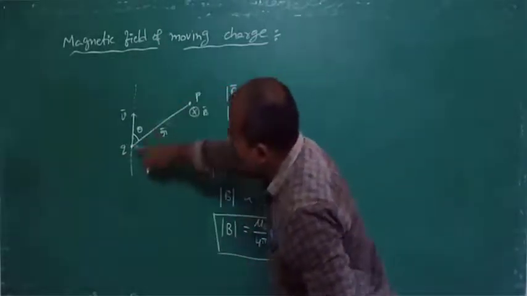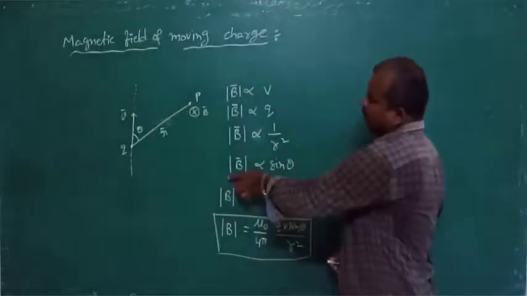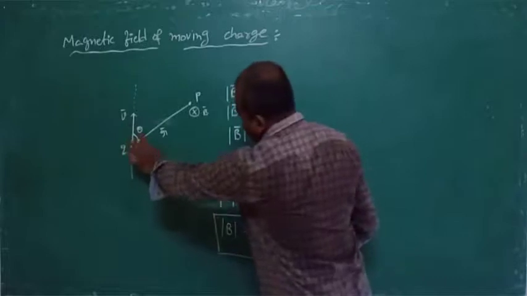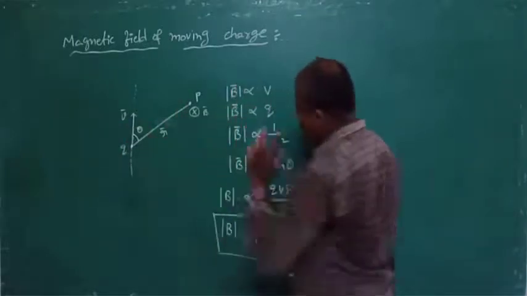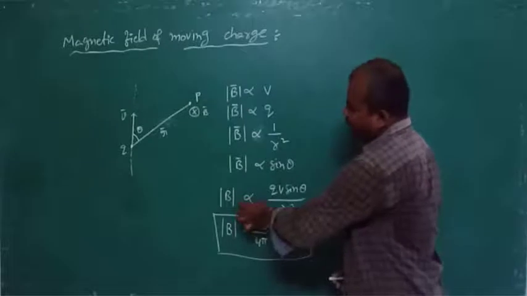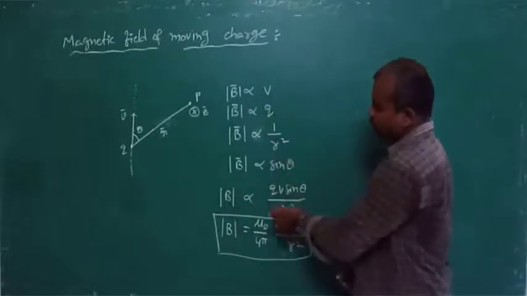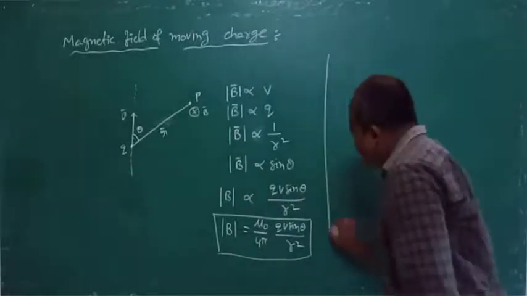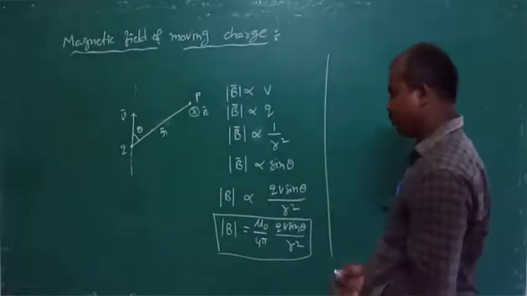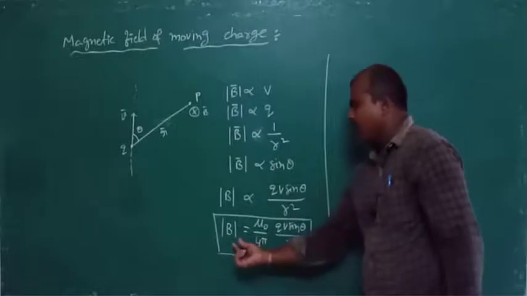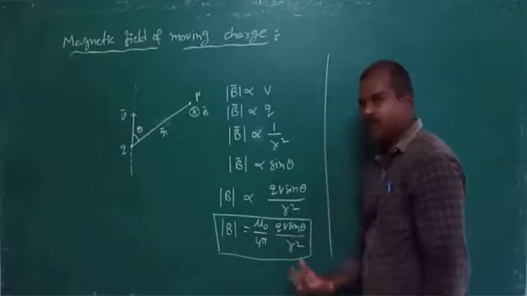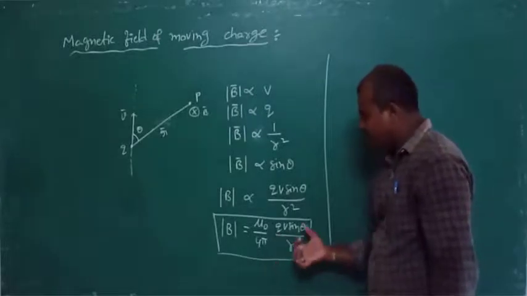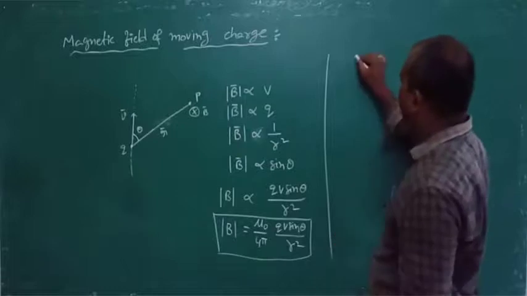It is also directly proportional to the sine of the angle between velocity and radius vector. From these four, B is proportional to q v sin theta by r square. Then the magnitude of the magnetic field is equal to mu naught by 4 pi into q v sin theta by r square.